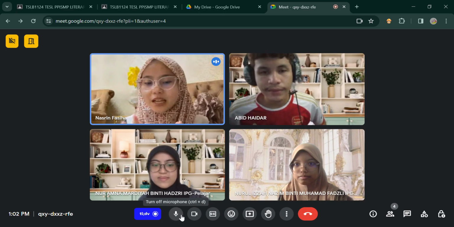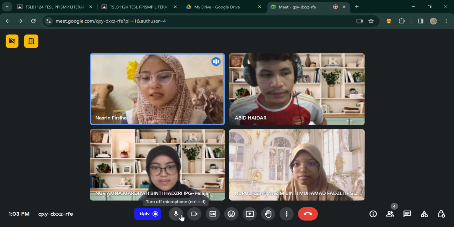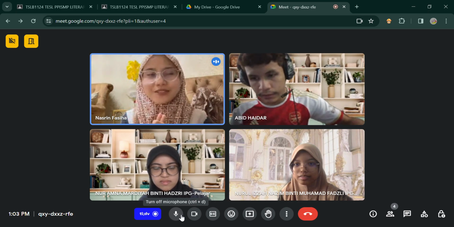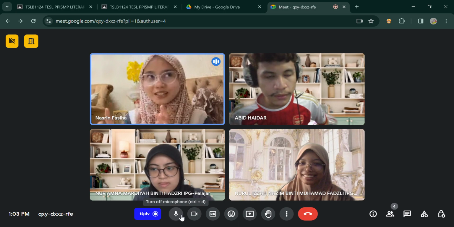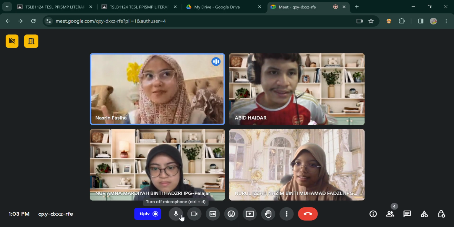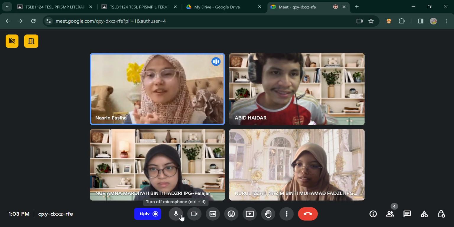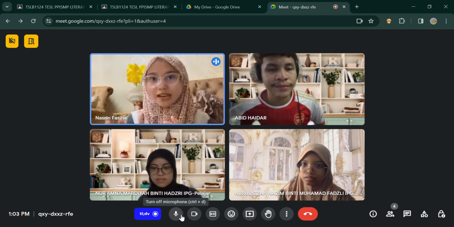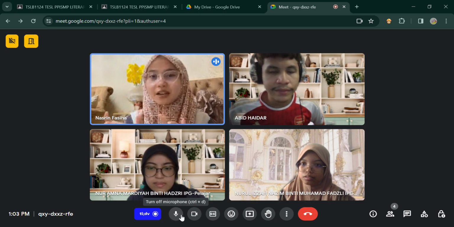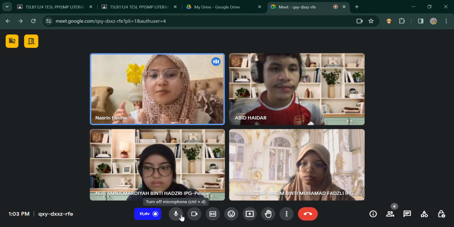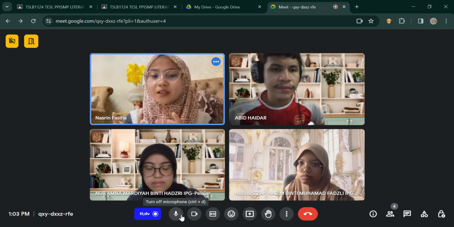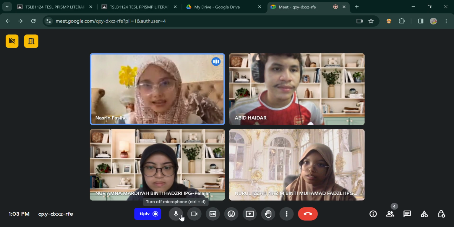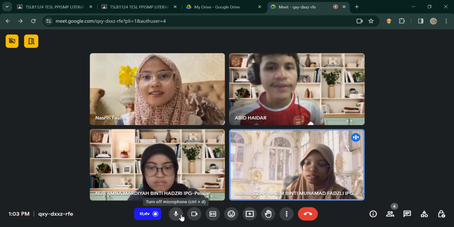Metaphor, like I said before, compares one thing with another thing, even though both are different things that are not related, but they can still create one sentence. Okay.